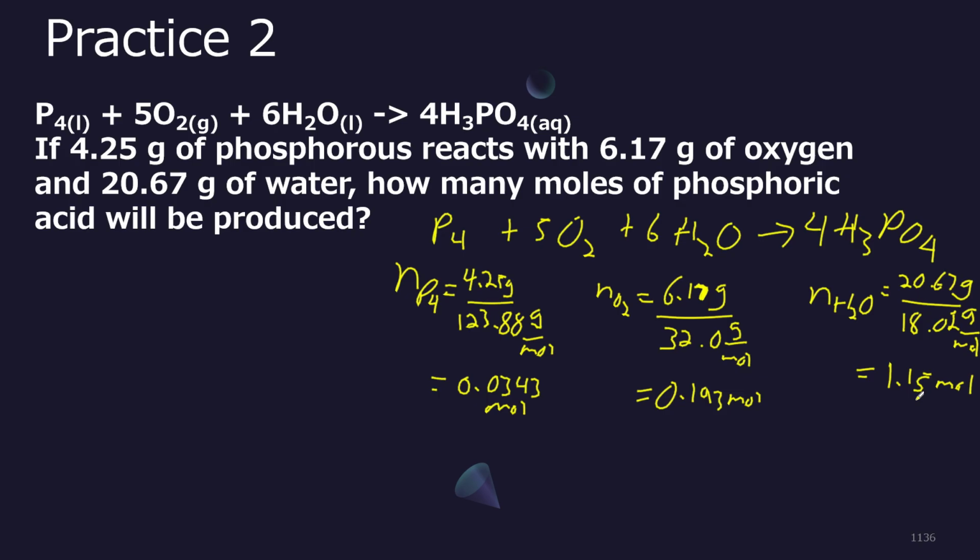Okay, so generally what I'd say is make an assumption first. What looks like it might be the limiting reactant? And to me, it looks like it's probably P4 phosphorus. We need 5 times as much oxygen and 6 times as much H2O, but let's check this.